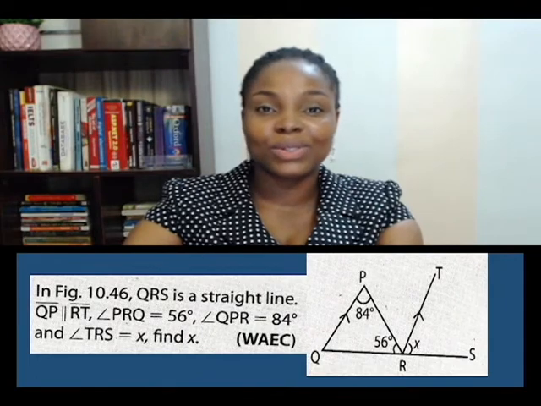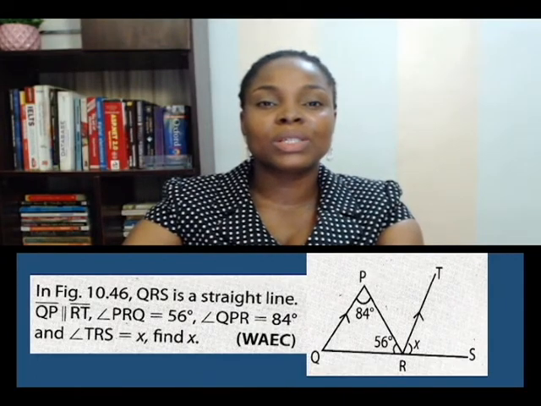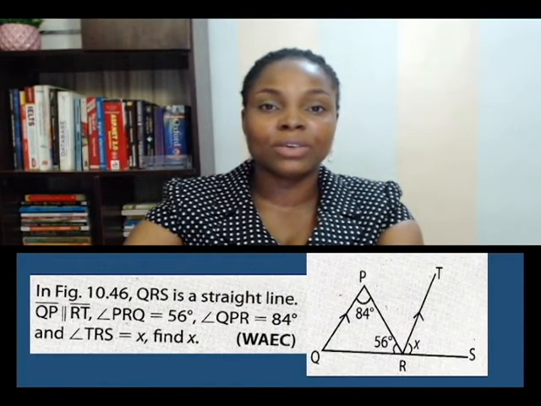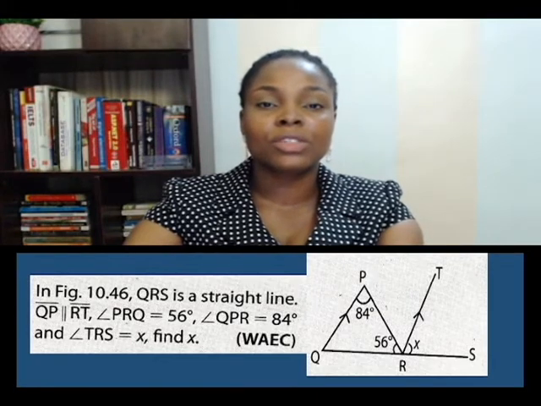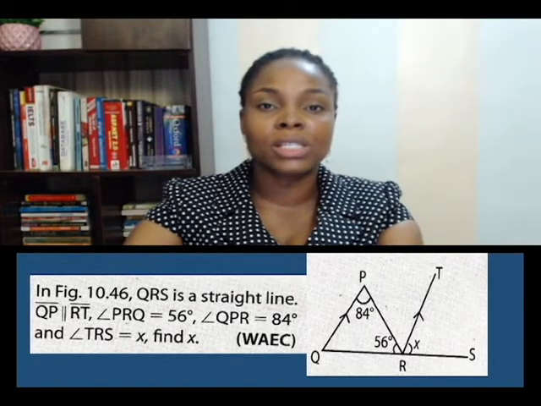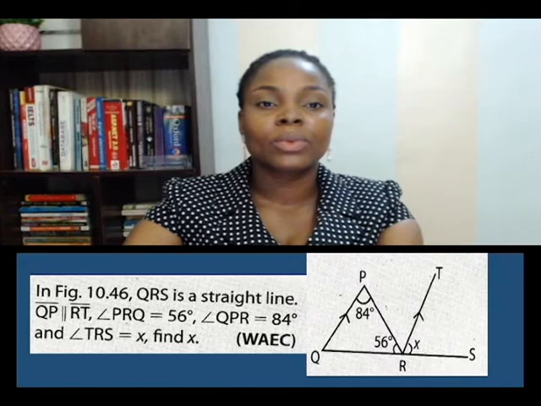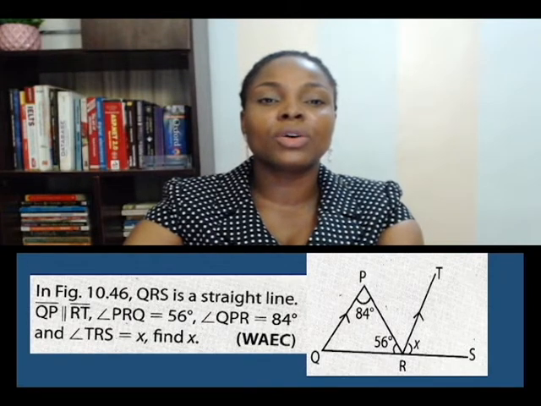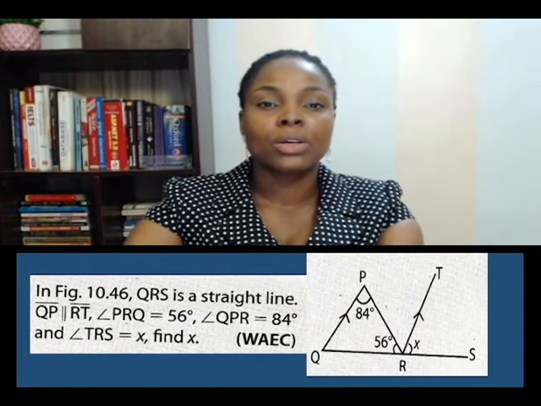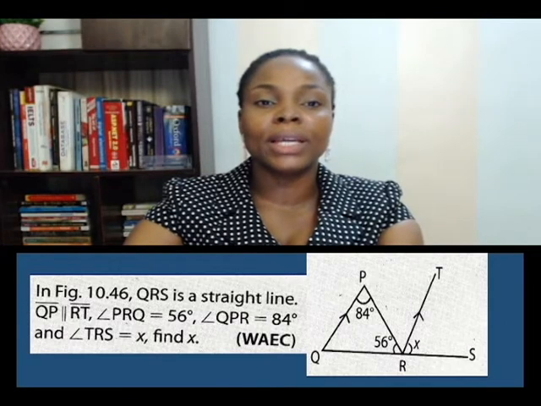I love to tutor. This question is on page 168 of Functional Mathematics for Senior Secondary Schools by T.M. Asiru et al. The question says in figure 10.46, QRS is a straight line.